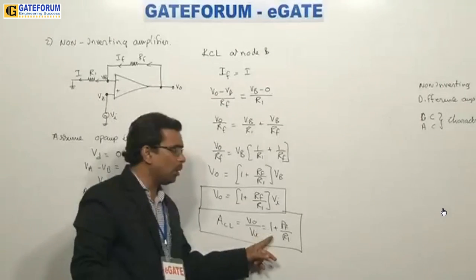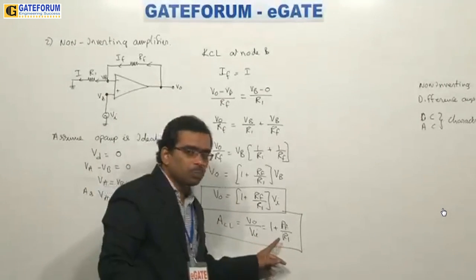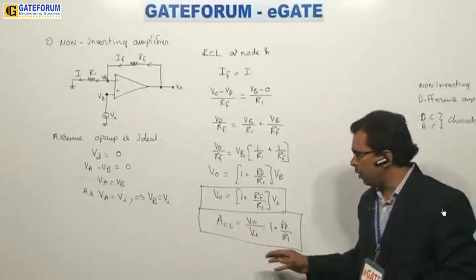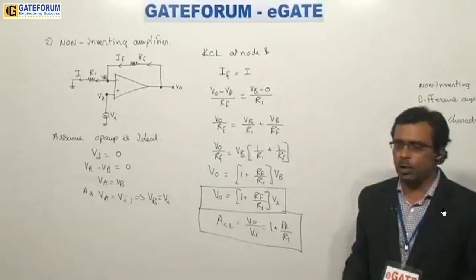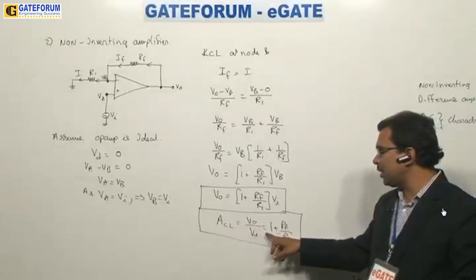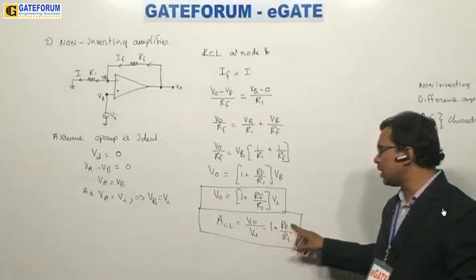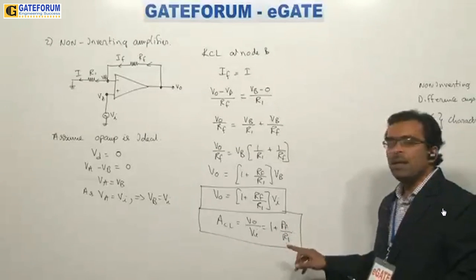Here the feedback provided is also negative feedback only. Now try to understand that ACL equals 1 plus RF by R1.